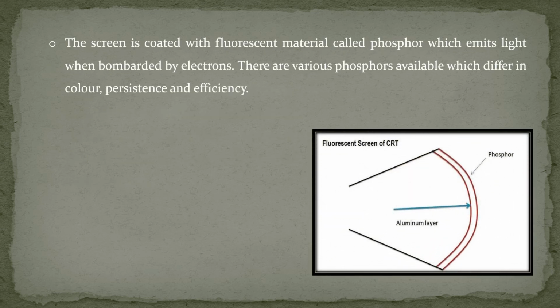The screen is coated with a fluorescent material called phosphor, which emits light when bombarded by electrons. There are various phosphors available which differ in color, persistence, and efficiency.